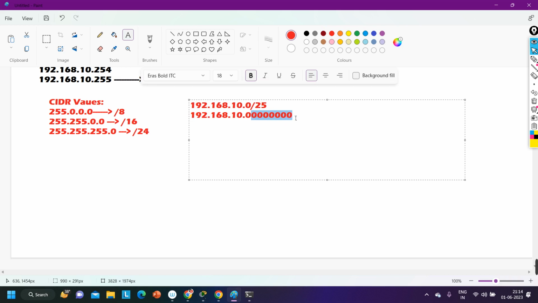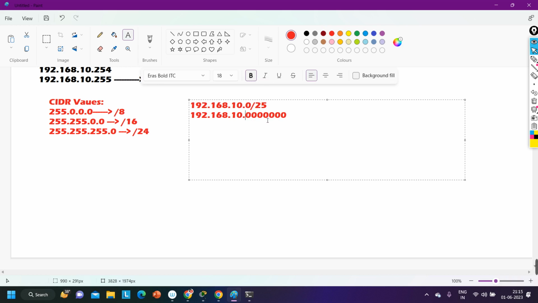These are host bits. Yes or no? Yes. So till here now we have network bits, and this value is 0. If this value is 0, then the network ID is 10.0. If this value will be 1, then what value will you get over here? 128. Yes or no? Yes. That is your second network. Yes or no? Yes, sir.